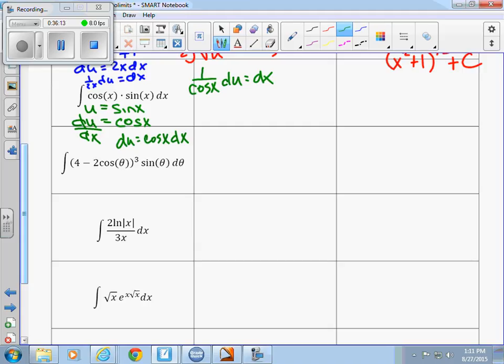So we'll just check. 1 over cosine of x times u, because sine of x was my u.